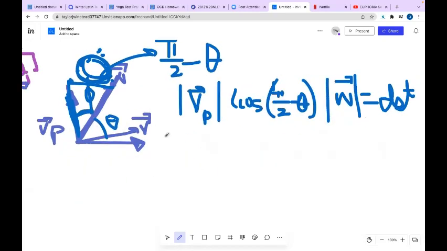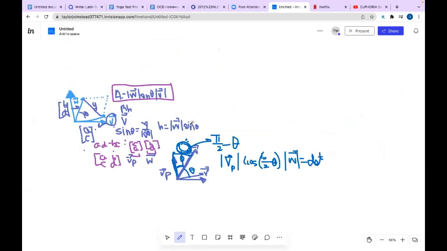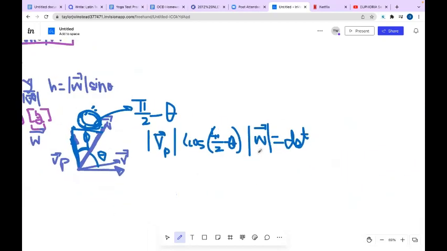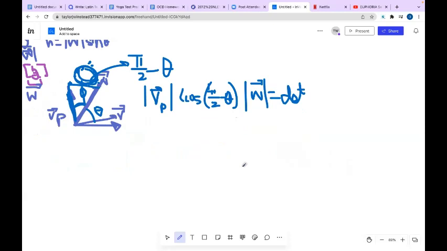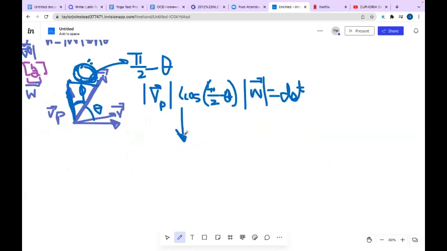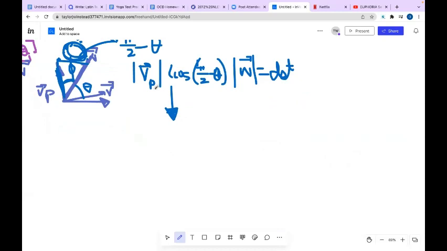The point is that we're following the same format that we had here, right? The determinant is V perpendicular times W, but we've got to deal with that angle in between. But that's not important. What we're going to say now is let's think about what we can turn this into.